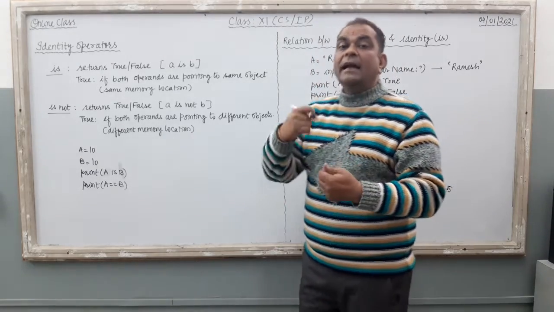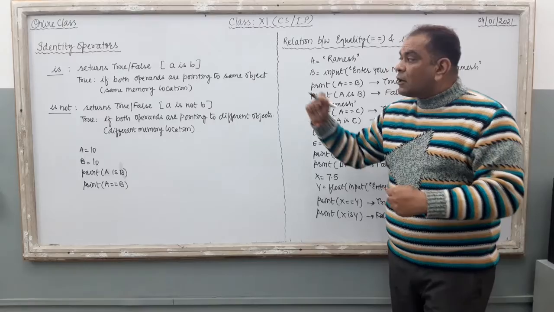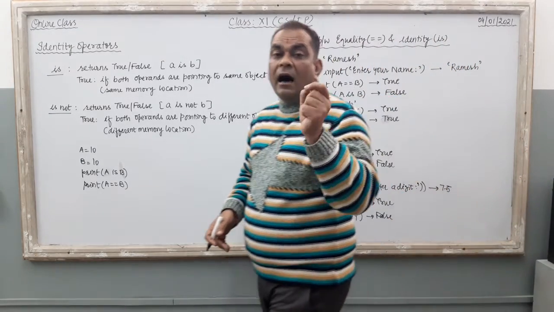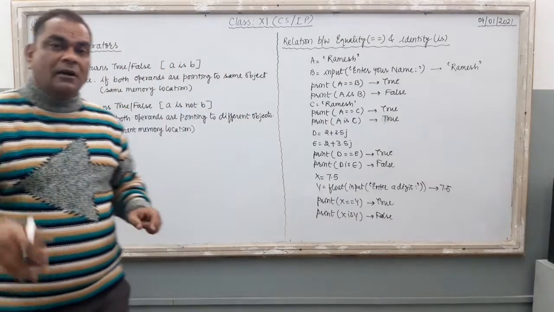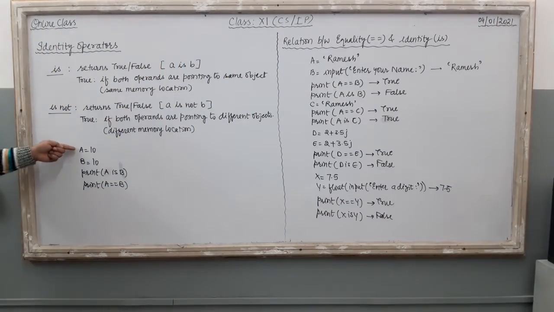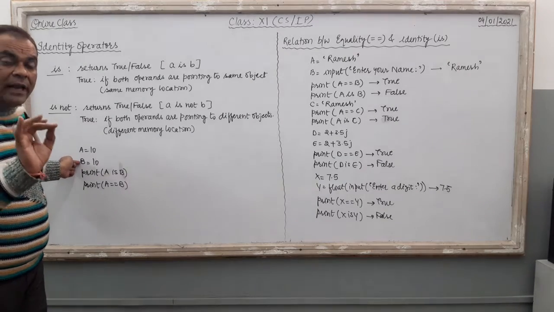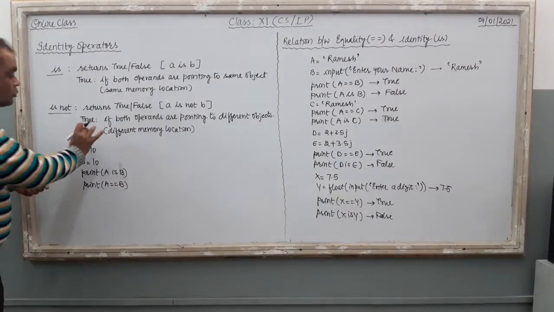Right, now when is it true? To understand the concept of these two operators, very first you have to revise a very basic concept of Python. What is the concept here? Say I create two different variables A and B and assign an equal value to these two variables.